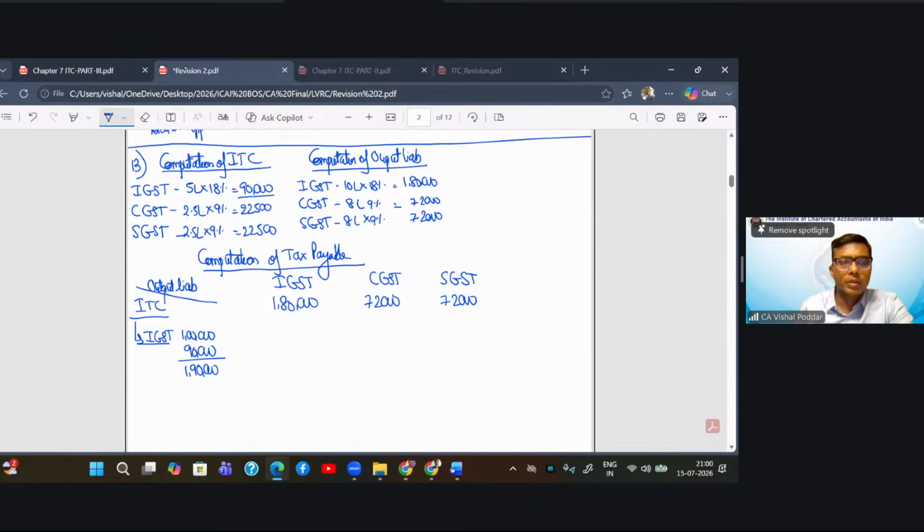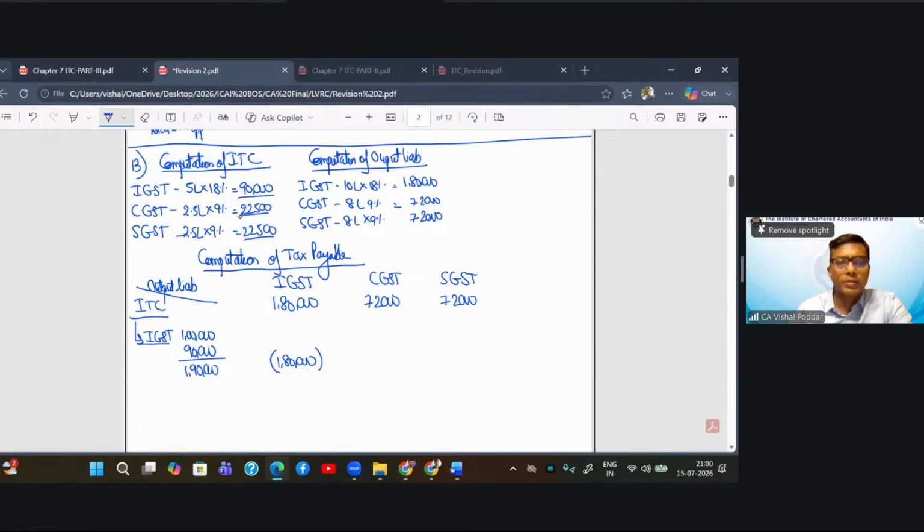Now, if you remember, our rule is you have to compulsorily first utilize the credit of IGST to knock off IGST liability, which I do. Now the balance 10,000 I can use in either of them as per my choice, as per my sequence, no problem at all. Correct? Now before I use it, let me check my position.